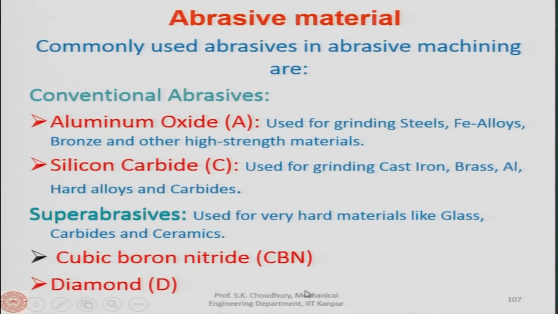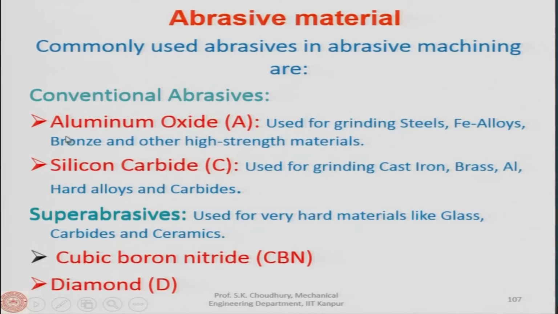Basically these 2 are for very hard workpiece materials, when the workpiece material has to be brittle and hard. These are the super abrasives used for very hard materials like glass, and they are also very brittle, and it cannot be ground without the CBN or the diamond grinding wheel.